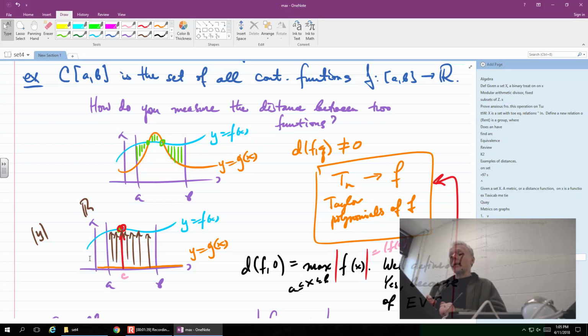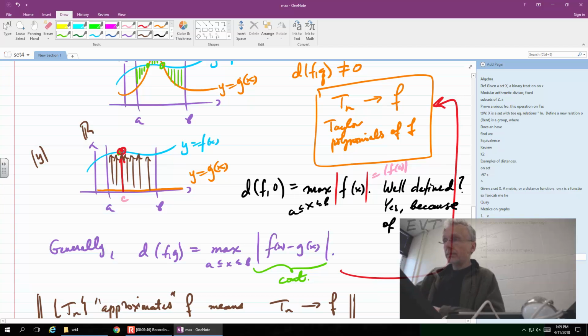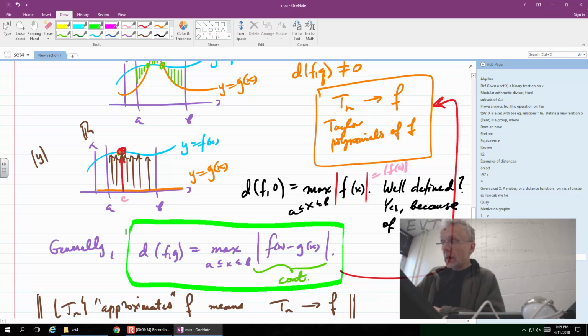In green there, what you do is you subtract the two functions, then take the absolute value, and then take the maximum of that function. That is the distance.